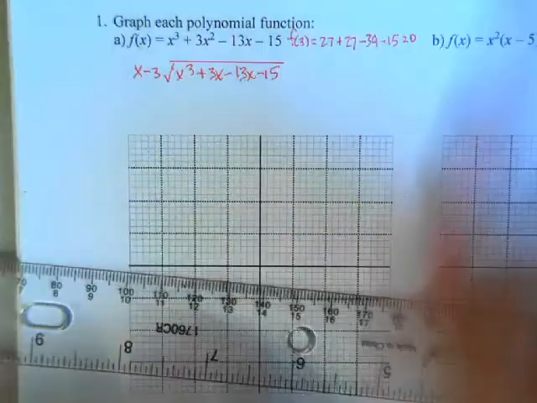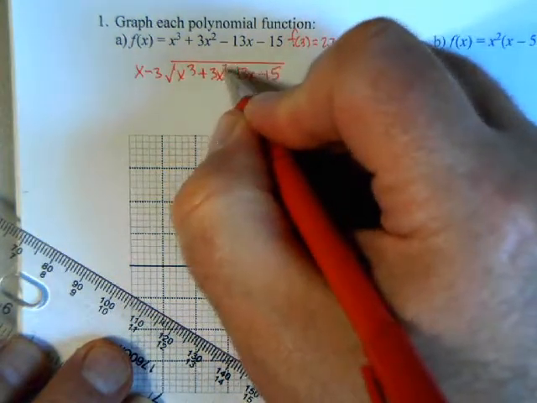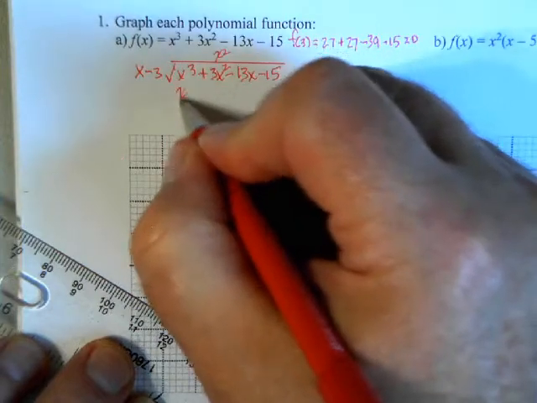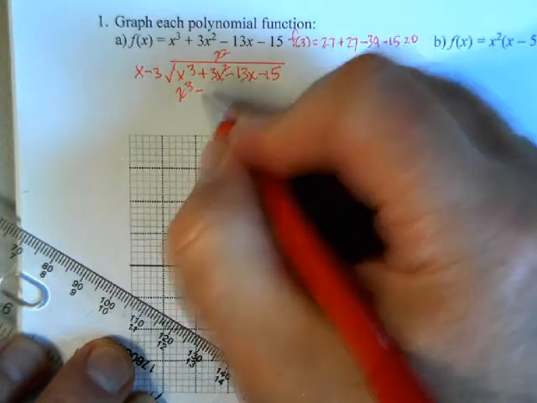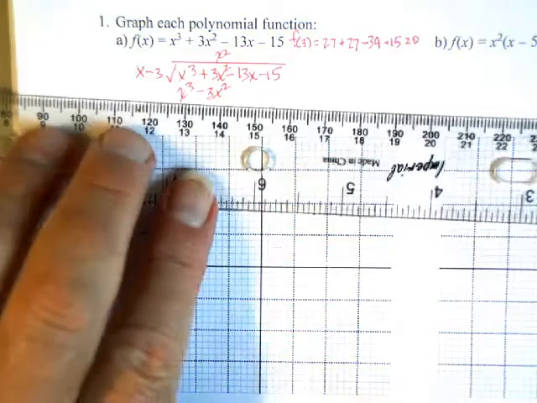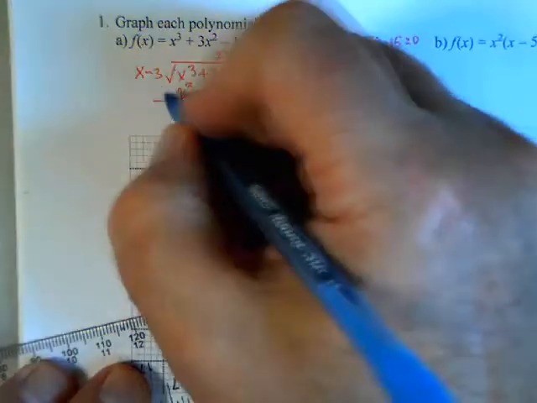And so we start off with x squared times x gives me x cubed, minus 3x squared. And now we're going to subtract that row.